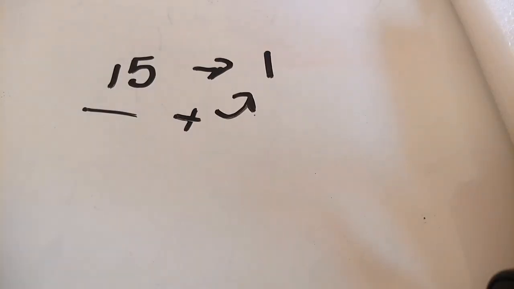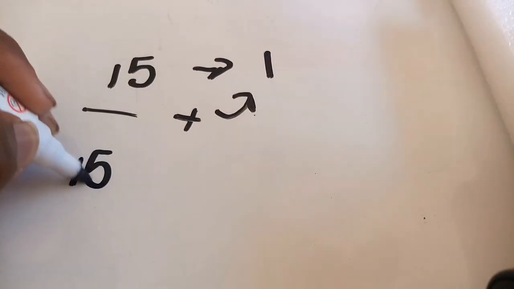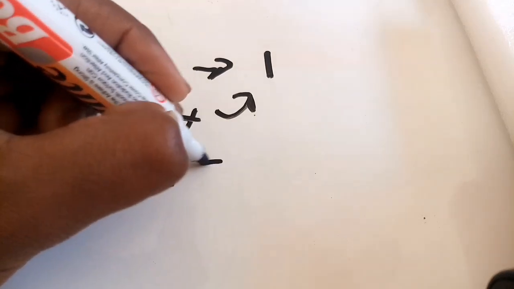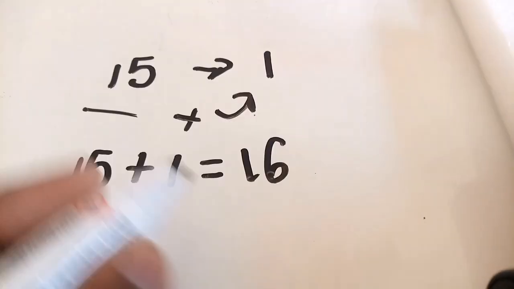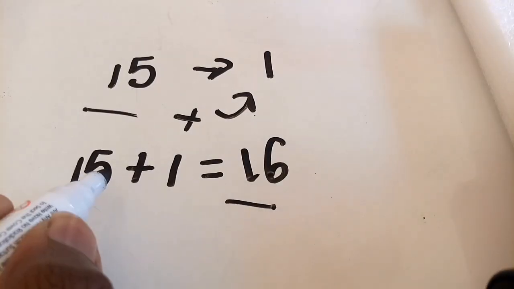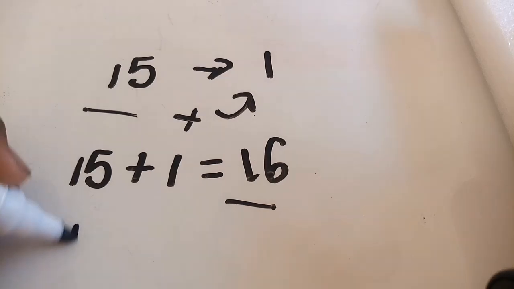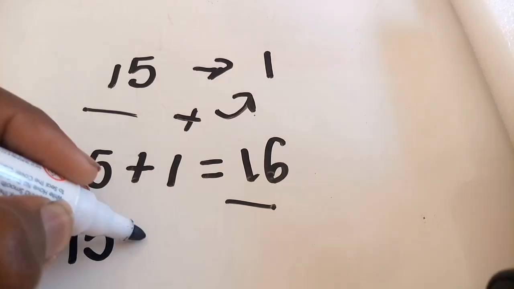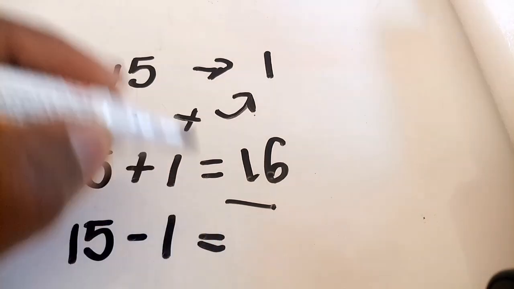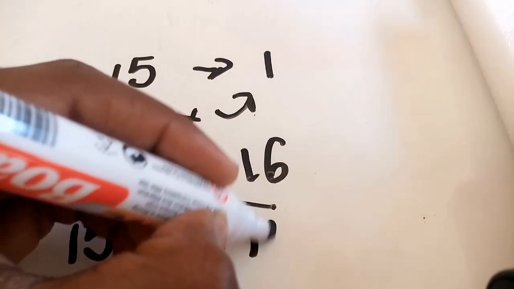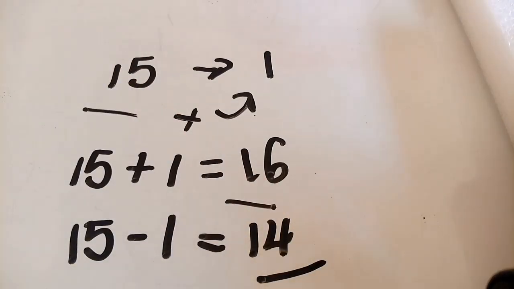So 15 plus 1 will be 16. This is the upper limit of 15. And then the lower limit will be 15 minus 1, the least unit of measurement, which is 14. So the lower limit of 15 is 14.